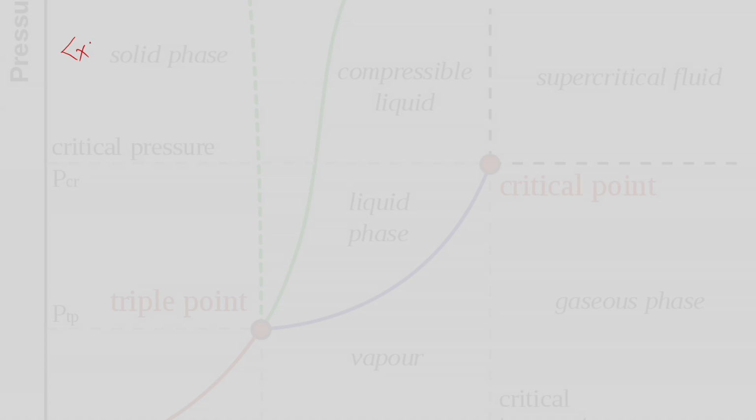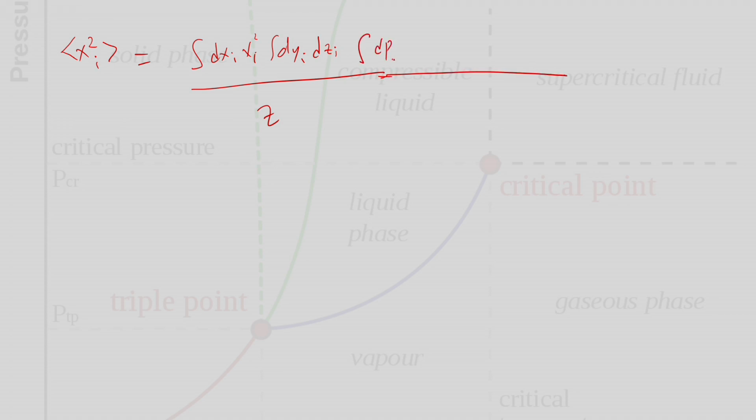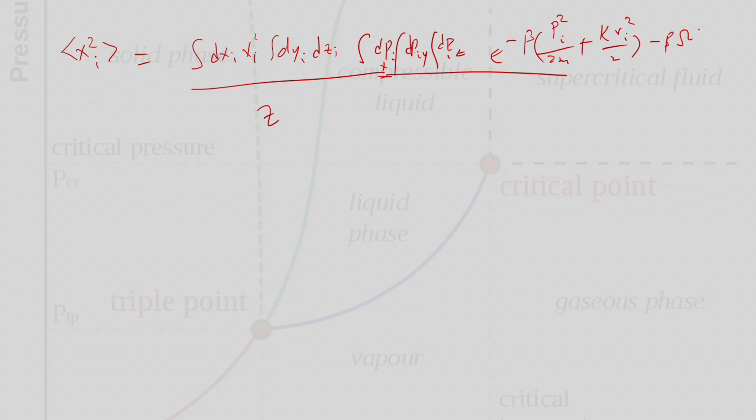I have to calculate basically 1 over z times the integral of dxi, with a xi squared there, and dy dz, and dpix dpiy dpiz, then there is e raised to minus beta times p squared by 2m plus k ri squared by 2, minus beta omega Lz.